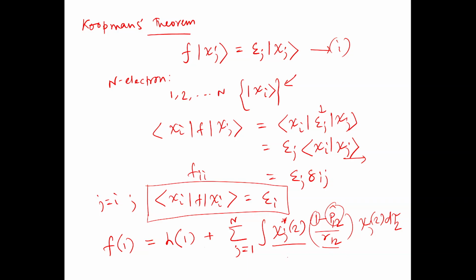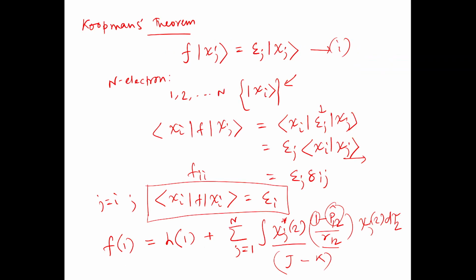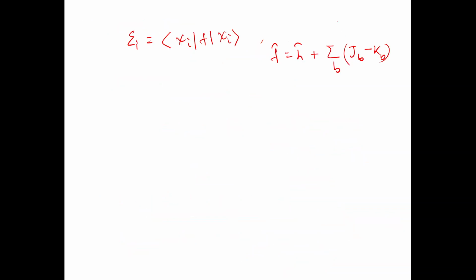So we can call these J and K, and write the Fock operator as H plus the summation over b of (J_b minus K_b). I wrote the summation over j, but j is a dummy index, so you can write it with b itself. So you have this Fock operator here.